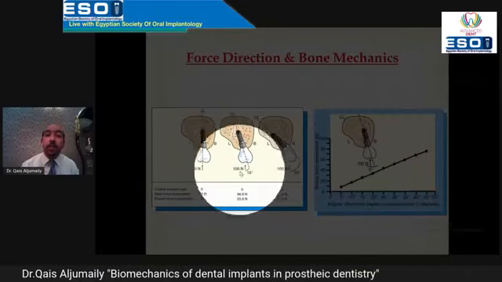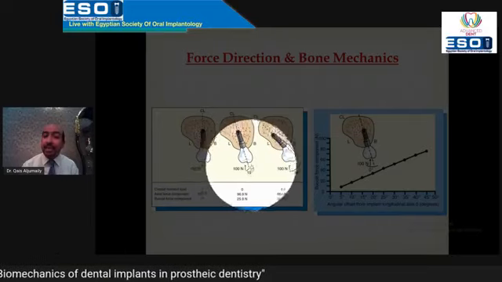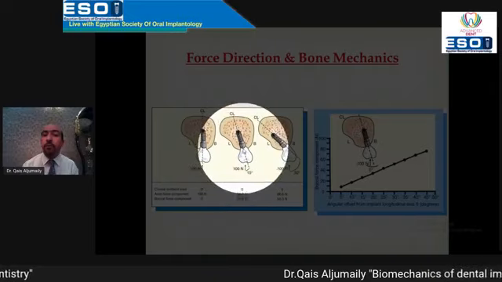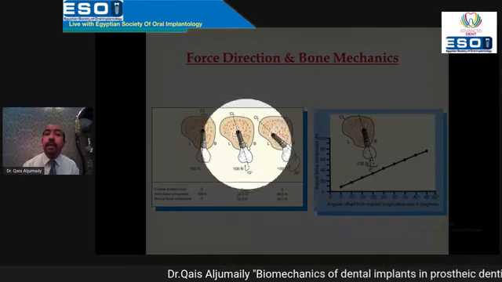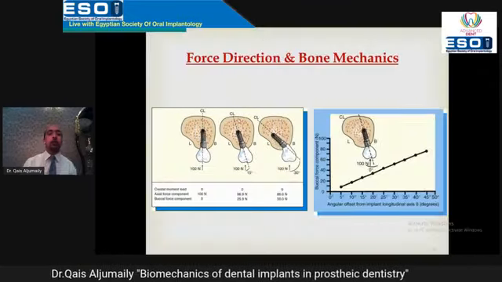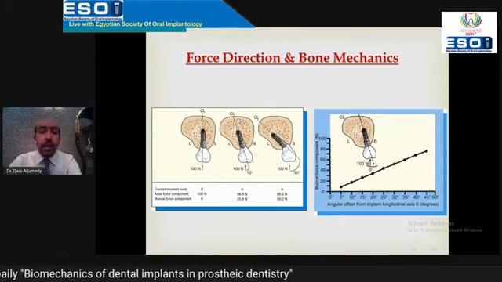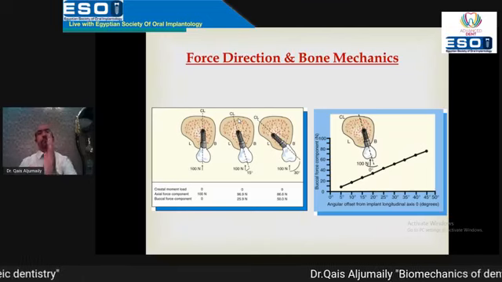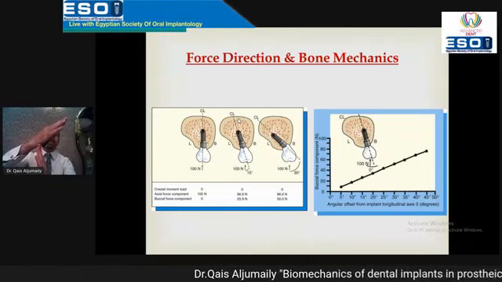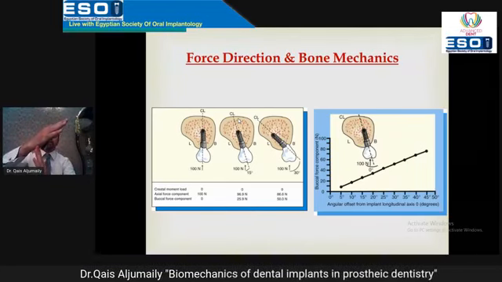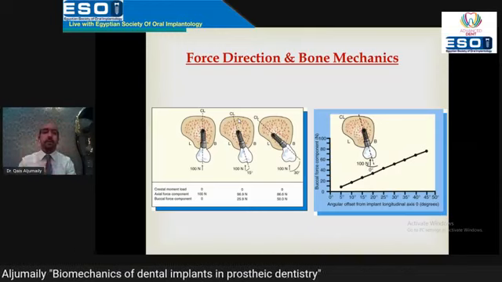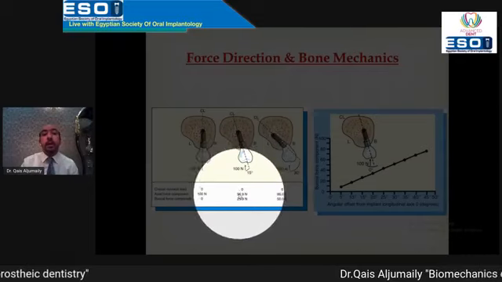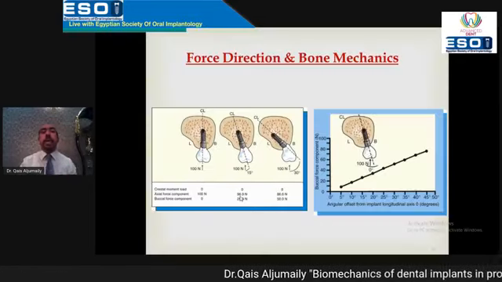If there is angulation about 15 degree between the amount of the force and the direction of my dental implant, يعني amount of force and the implant placement. If there is an angle between them about 15 degree, what will happen? There will be vertical and horizontal components.